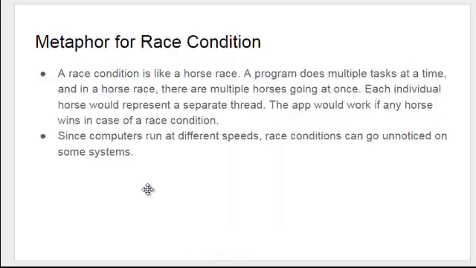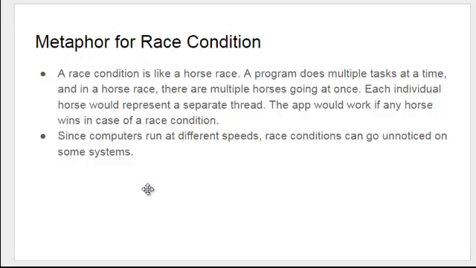So a little comparison to better understand race condition is that a race condition can be compared to a horse race. A program does multiple tasks at once, and in a horse race you have multiple horses going at once, so each horse would represent a separate thread. And so that would work if any horse wins in case there is a race condition.